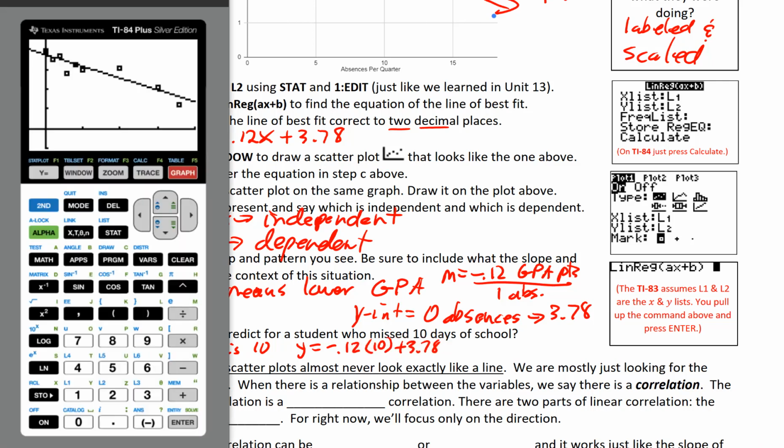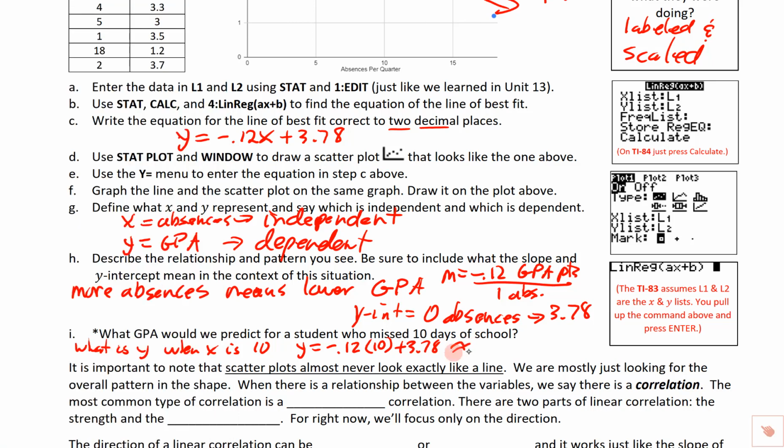So I'm going to grab the calculator for this one and see what we come up with. So I'm going to hit second quit, clear this off, and I've got negative 0.12 times 10. I guess that actually wouldn't be too bad to figure out, okay? And then we're going to add 3.78, okay? So I think I've got everything typed in there the right way, and we get 2.58.